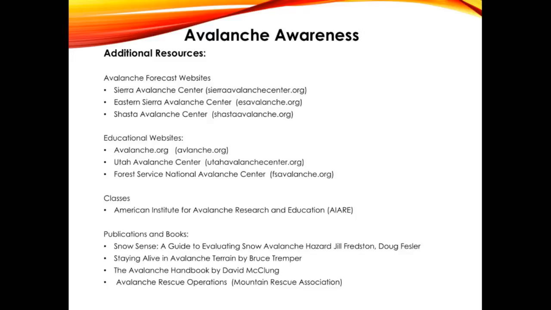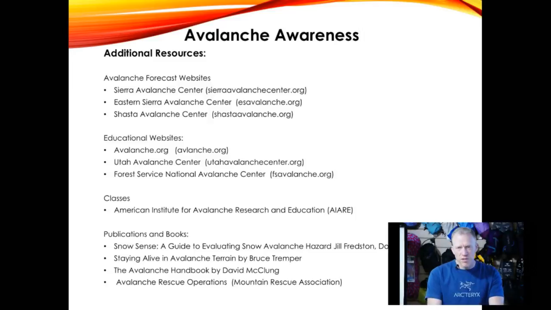I also mentioned in passing that National Ski Patrol also provides avalanche training. There are some great books. One that's been used for many years is Snow Sense, and I have a couple copies of that, and I've loved reading it. Staying Alive in Avalanche Terrain by Bruce Tremper was a book we used to get a lot of the information you heard tonight, and the Avalanche Handbook is another one.